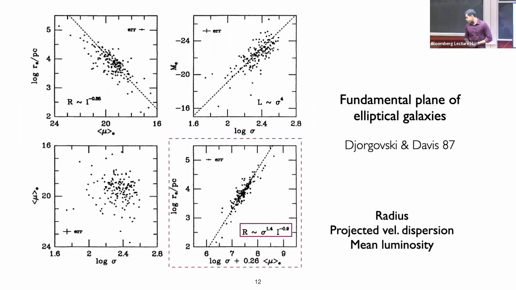One other famous example, which I think people here would be familiar with, is the fundamental plane of elliptical galaxies. Earlier, people had found relations between the luminosity and the radius, or the luminosity and the velocity dispersion. But people later realized that you could have a plane which goes through quantities like these, which has the lowest scatter.